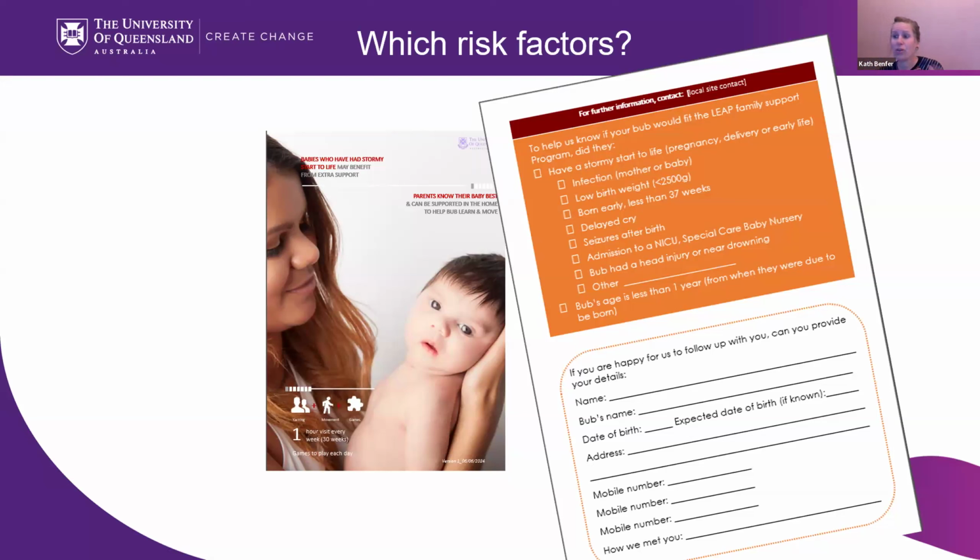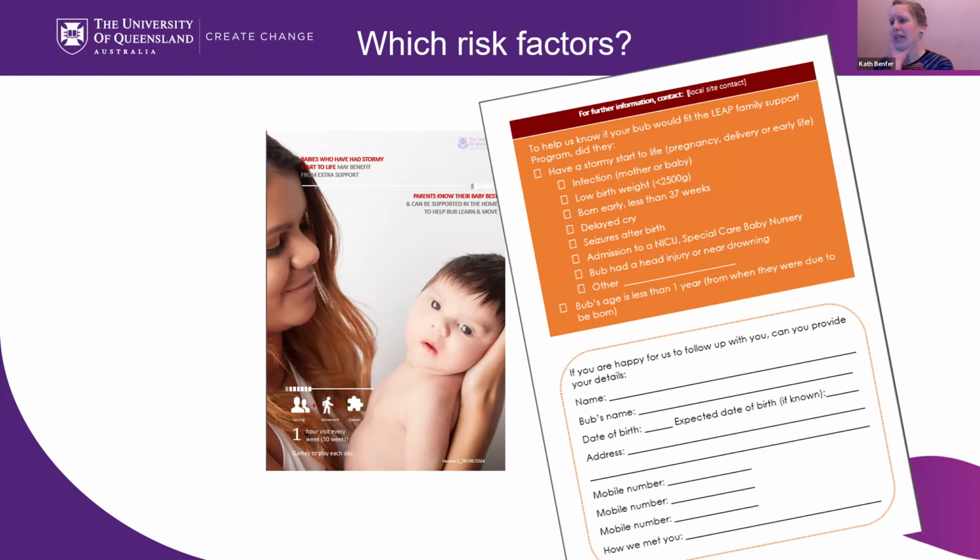Some sites use universal screening, so not even looking at a risk factor, but doing it within a developmentally vulnerable population like the tea plantations, or in some of our other sites, just asking a very general prompt to the mum: was there anything that went wrong during your pregnancy or the birth? Anything that you were concerned about? And that was enough then to prompt us to do the screening.